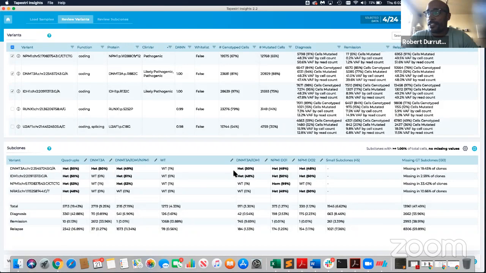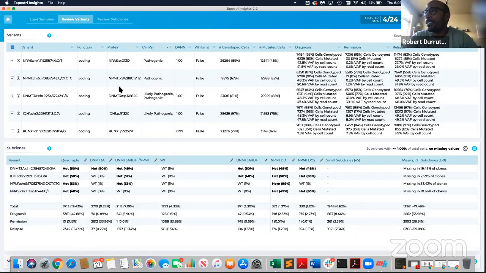This hypothesis also is very much in line with the frequencies, because if you suspect that DNMT3A is your founder clone, you would assume it has the highest variant allele frequency, or the highest fraction of cells that are mutated. And when you look at the top table, indeed, DNMT3A is mutated in 88% of the cells, followed by IDH1, followed by NPM1, followed by NRAS.